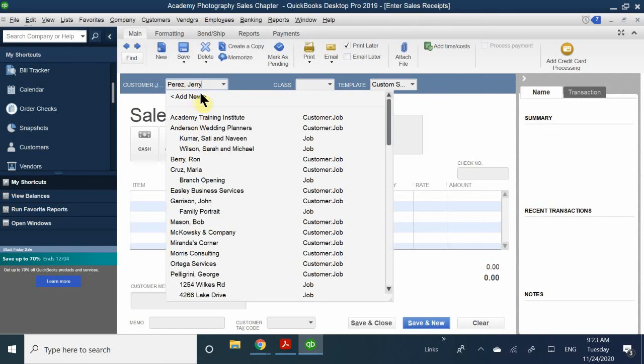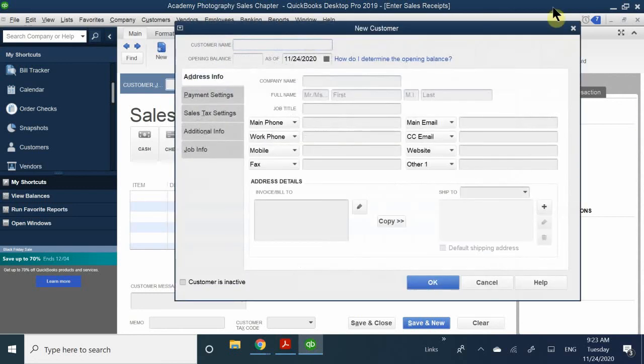Okay, so Perez, Jerry, quick add. I guess I have to actually add his name in here. So I'm going to assume his full name is Mr. First name is Jerry. I don't know why it didn't recognize that. Jerry, and his last name is Perez.